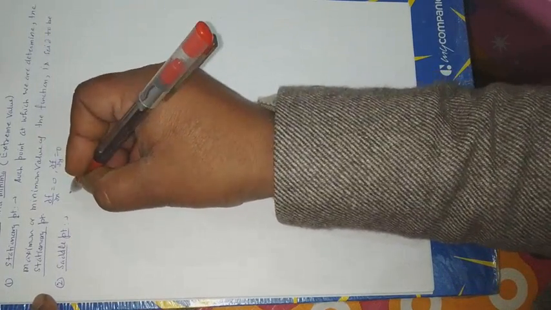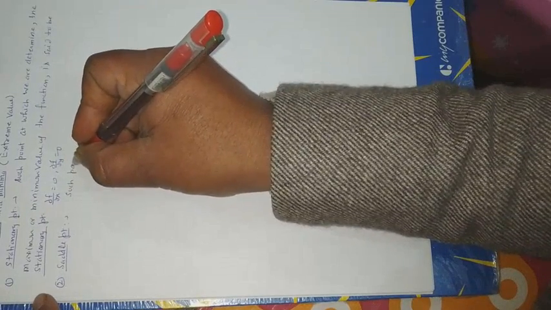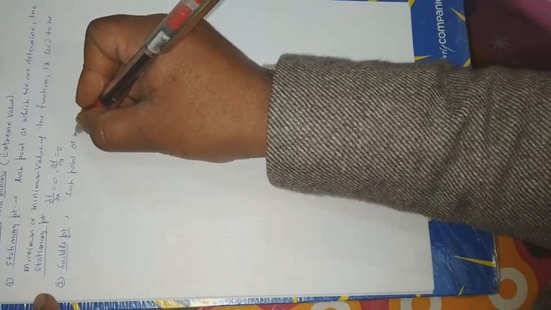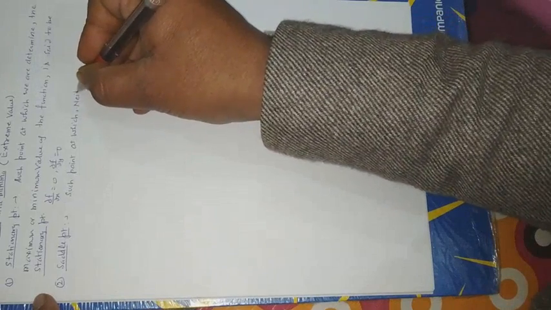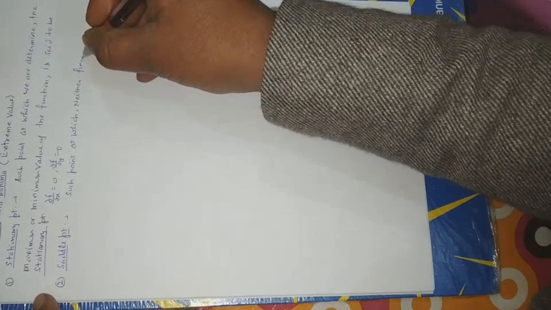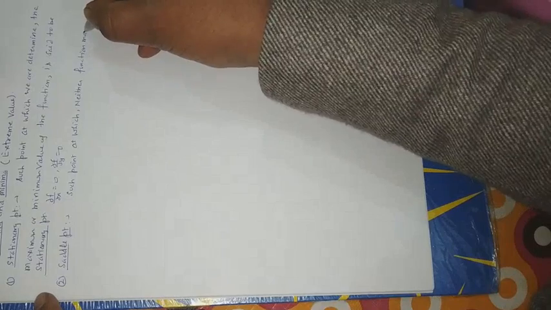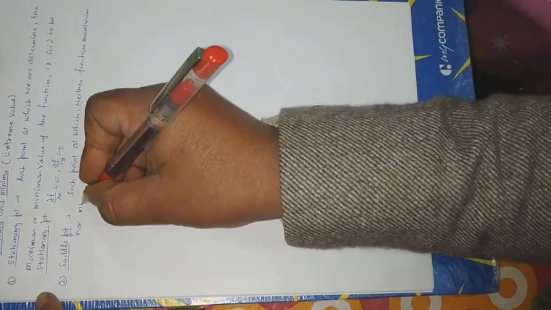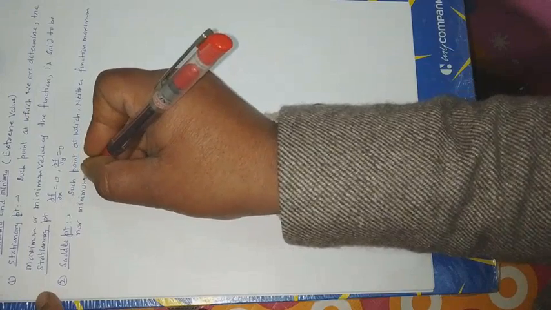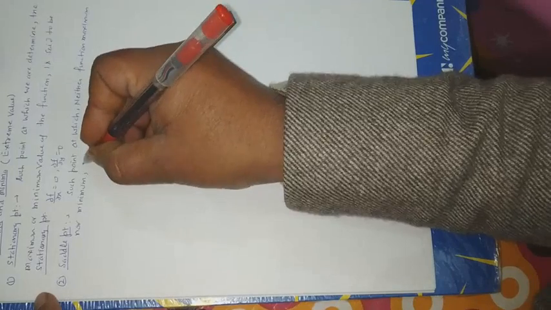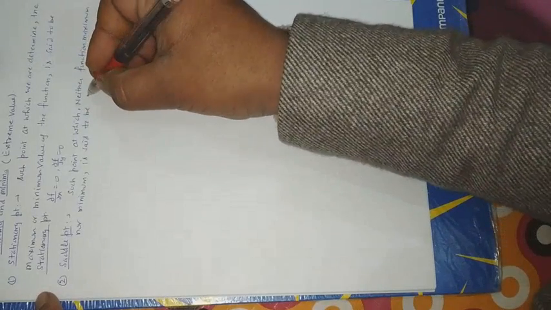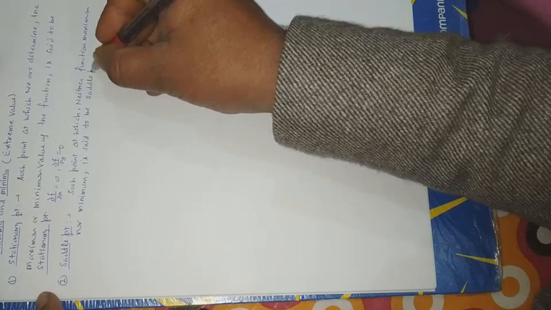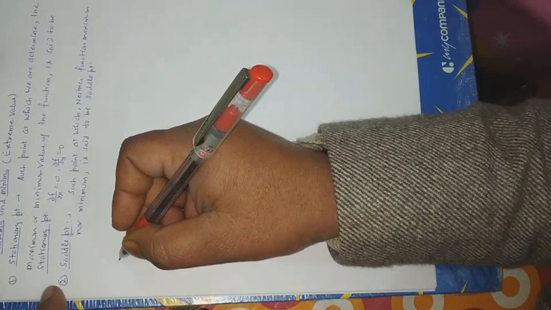Such a point at which the function is neither maximum nor minimum is said to be a saddle point.